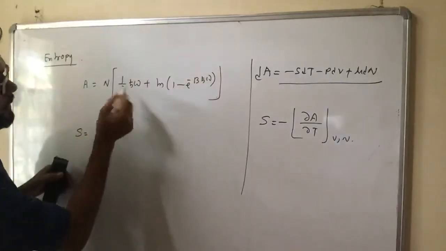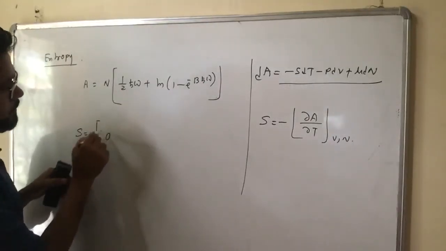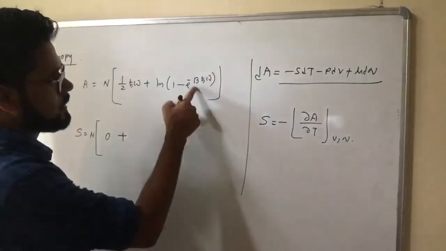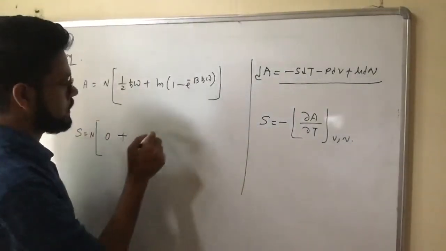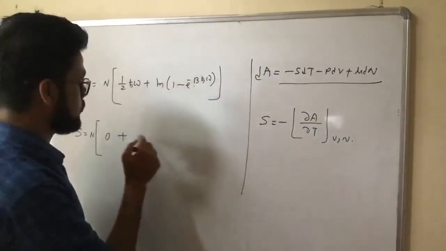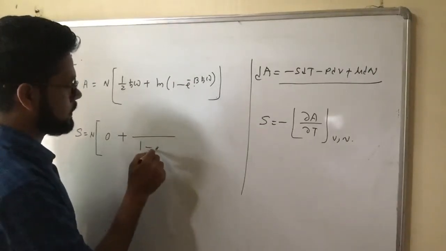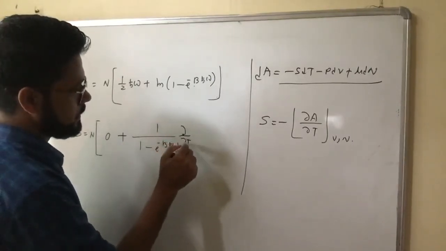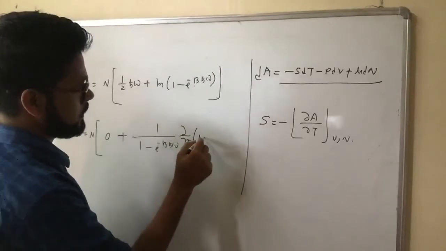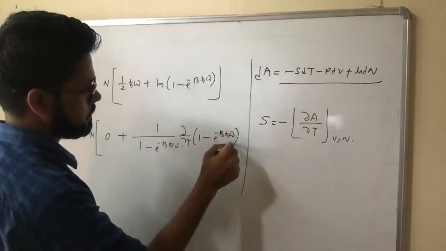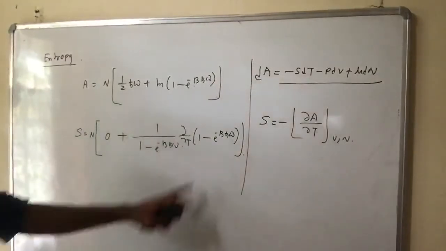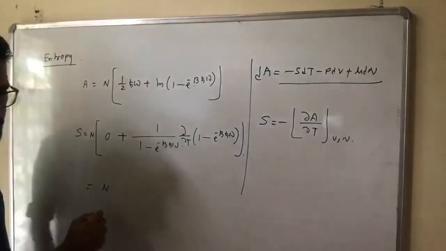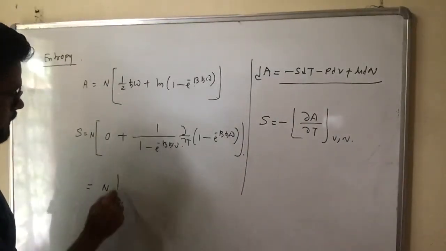The first term will become 0. The second term: T is there, and beta equal to 1 by kT, so don't get confused. You have to differentiate 1 minus e to the power minus beta h cos omega, then again differentiate e to the power minus beta h cos omega with respect to T. Do two differentiations. The first term is 0.